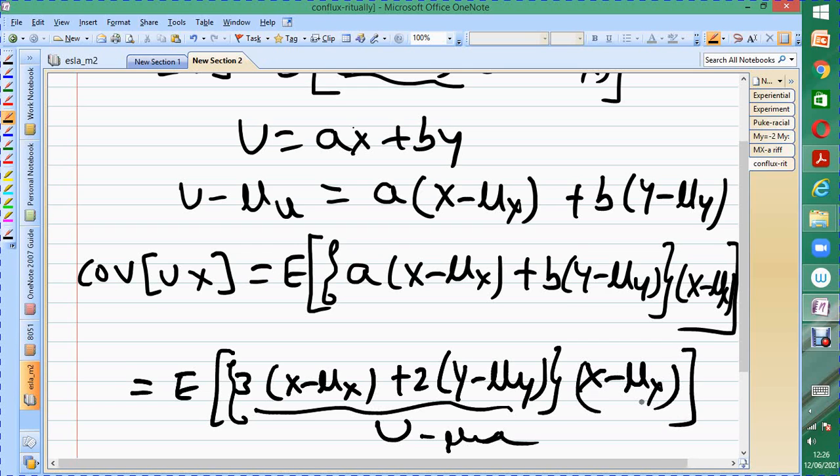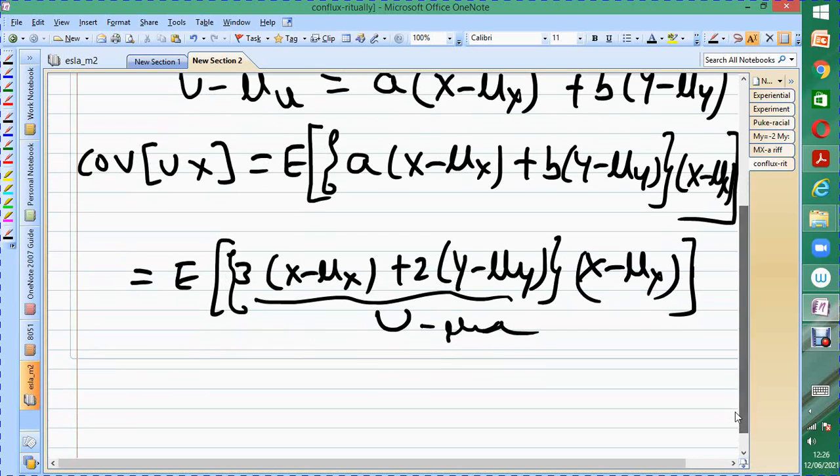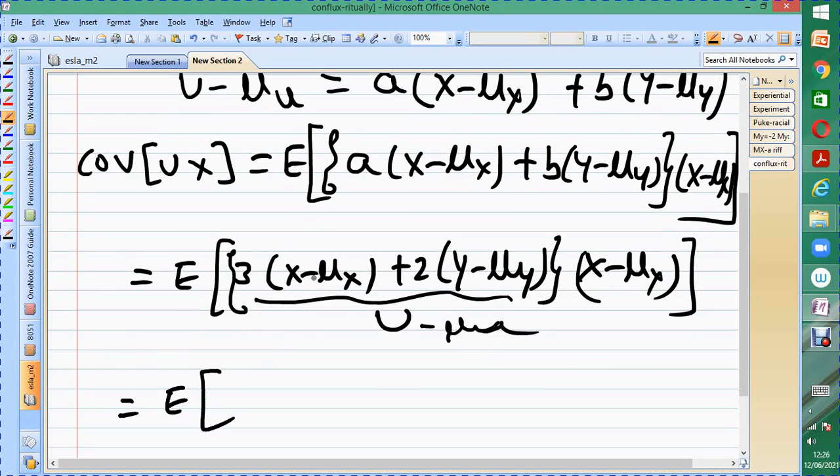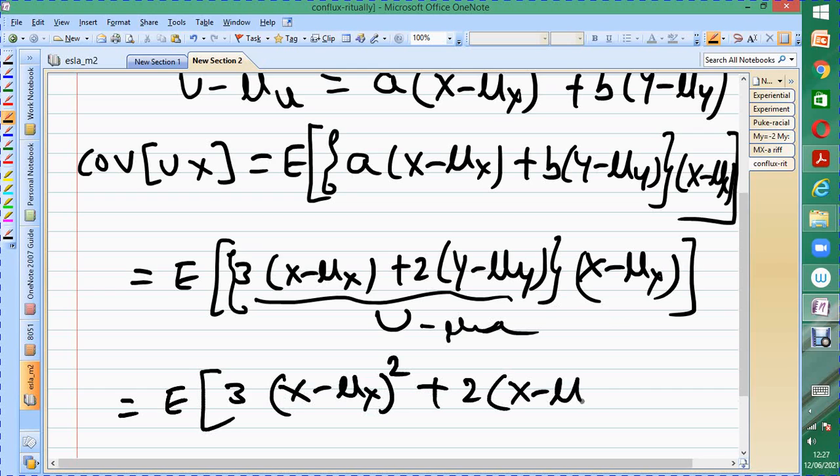Now multiplying this term, we get expectation of 3 into x minus mu x whole square plus 2 into x minus mu x into y minus mu y.